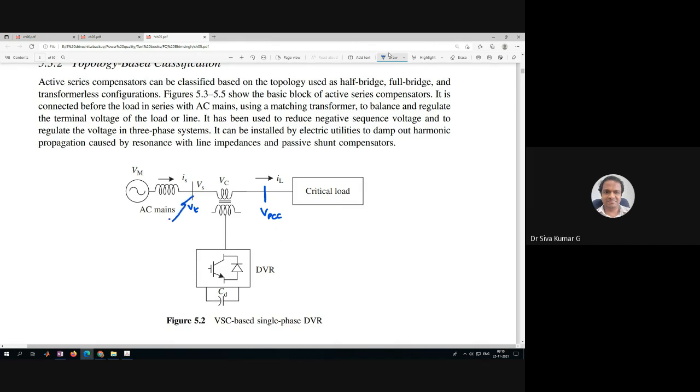Here there is a fault which is going to have the disturbance in the voltage of Es, and with the device of the DVR we are going to correct the voltage at the point of common coupling or the critical load. This device, which is the series active power filter or the dynamic voltage restorer, will be having the voltage source converter, and you will be having a transformer.